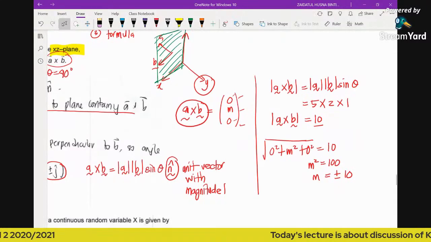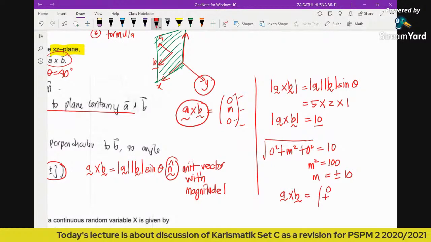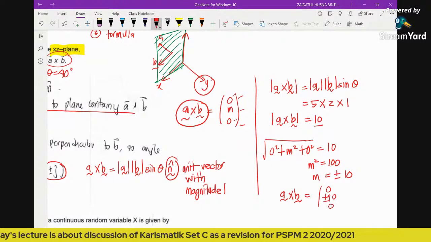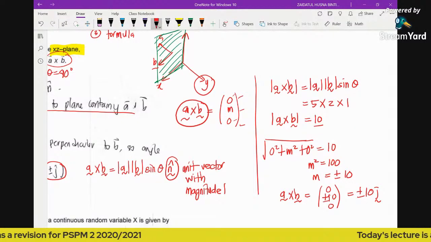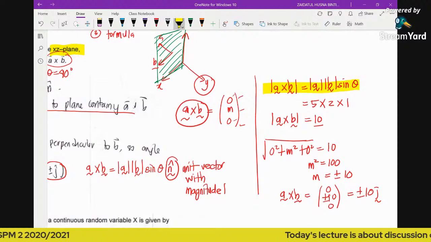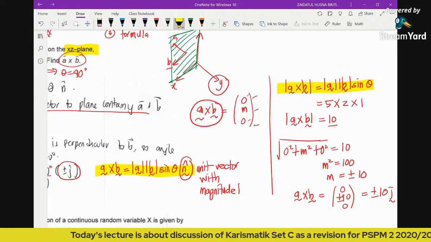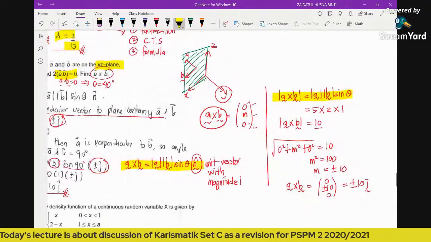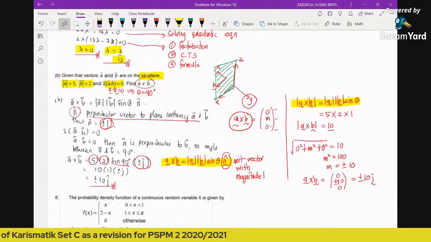From there, you can conclude that A cross B is equal to 0, plus minus 10, 0, or basically plus minus 10j. So you may use the formula of magnitude of A cross B, or you may use this formula. Either one, you may use any method here, and eventually you get the same answer.